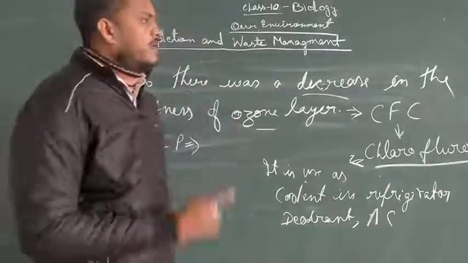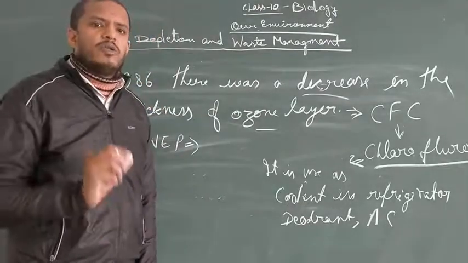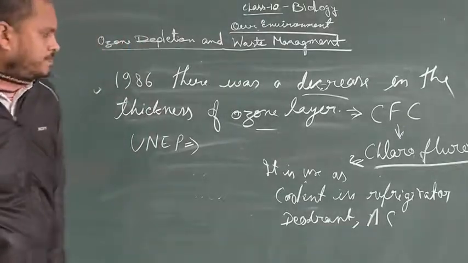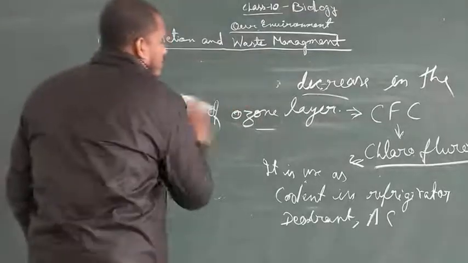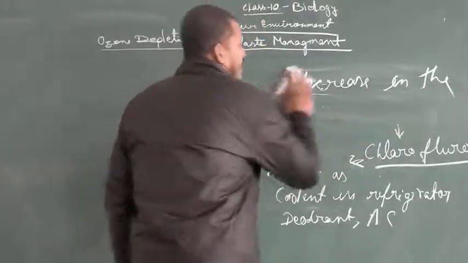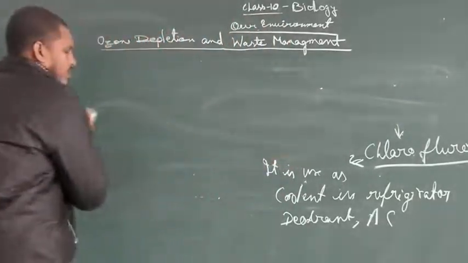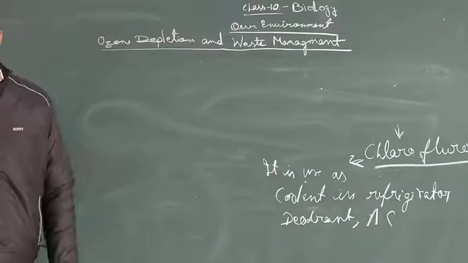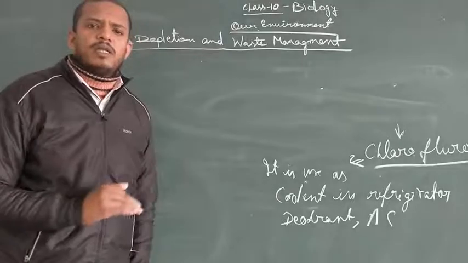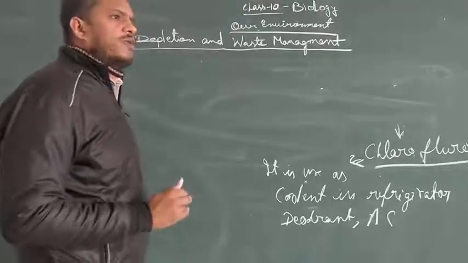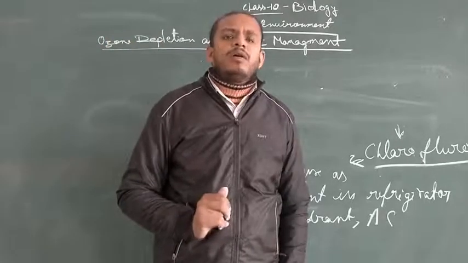It decreases the thickness of the ozone layer. After 1986, there was an act, the United Nations Environment Protection Act. According to that, the production of chlorofluorocarbon was totally banned, the release decreased, and precautions and measures started being taken to protect the ozone layer in the stratosphere.